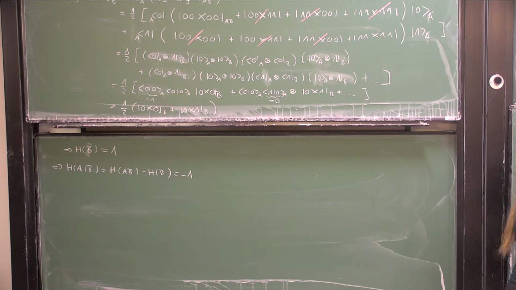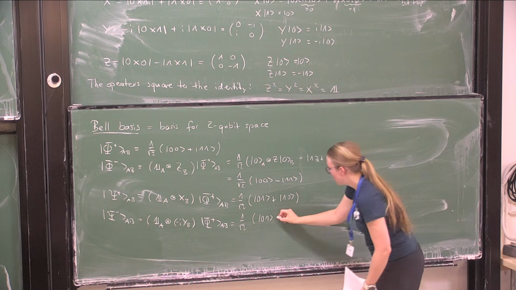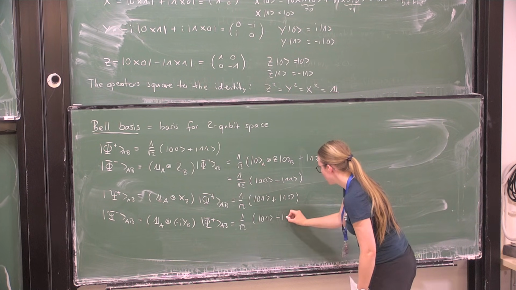So in the first term, it will just be a flip of the bit. This is just the 1. And for the second one, the Y will flip the bit and also add a minus I. So what we get is a minus 1.